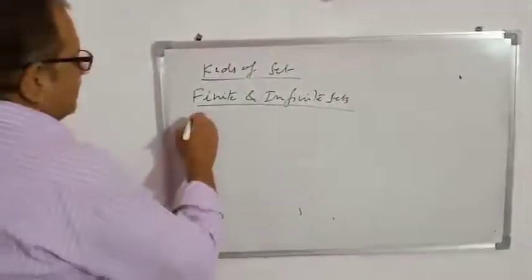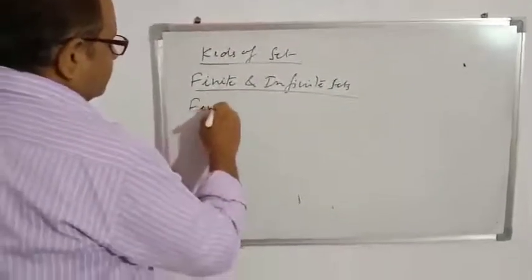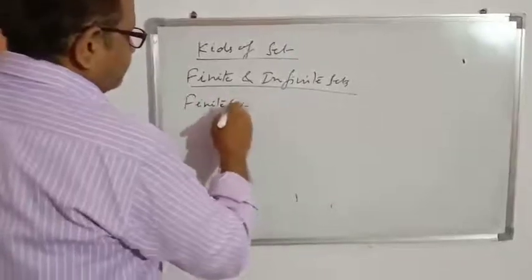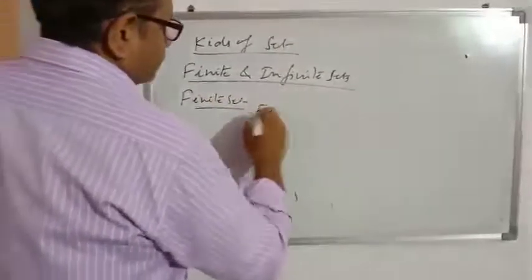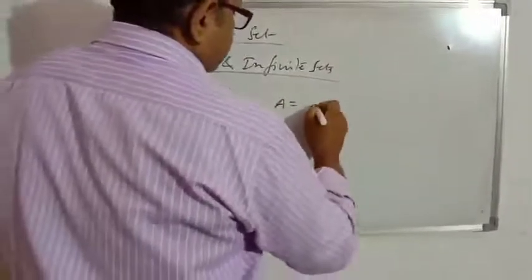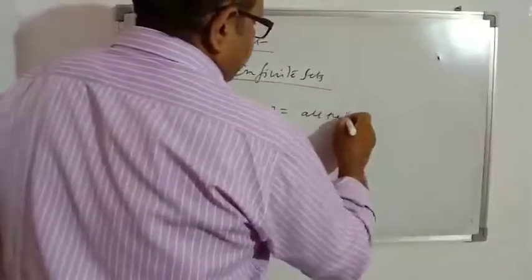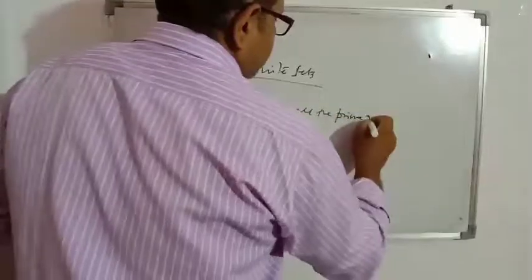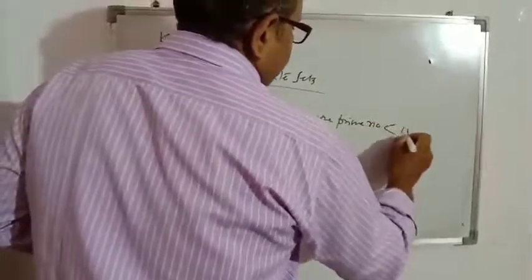So example of finite set. Suppose set A, all the prime numbers less than 50.